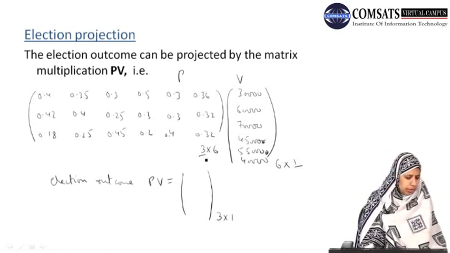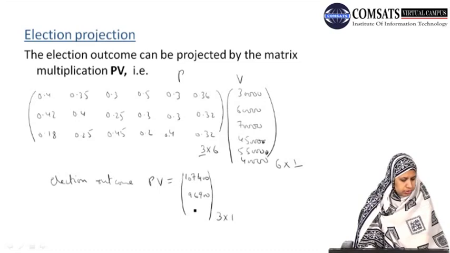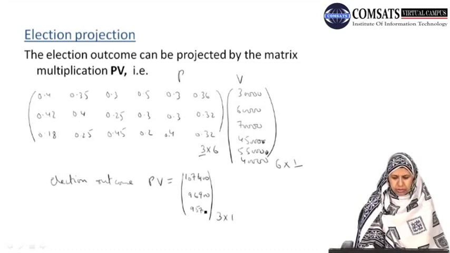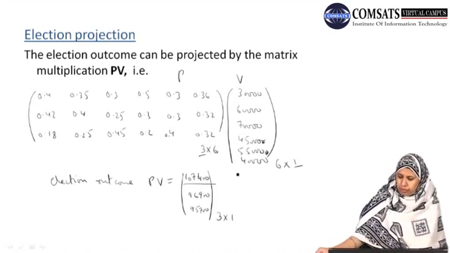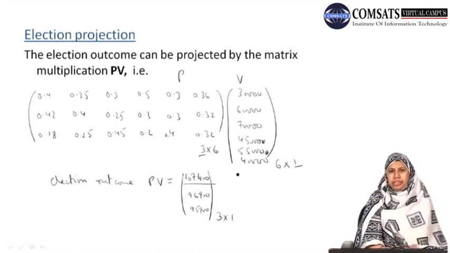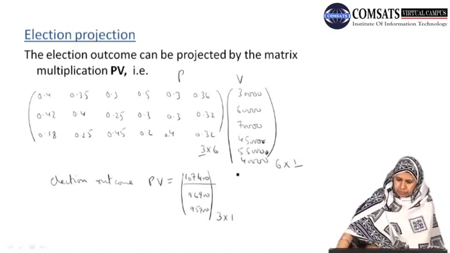And multiplying these two matrices, we obtain these quantities, which means that the candidate 1 will be most successful if this data is accurate. So by simply transforming the data into the matrix form, we can easily calculate our required outcome.